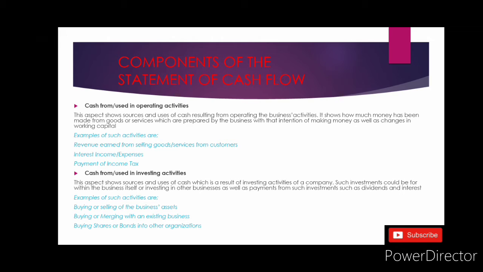So when you have to pay out interest payments, although the interest payments have got nothing to do with the direct production of goods or services or the day-to-day operation of the business, that expense is there in the first place because of operating the business. You borrowed money from the bank so that you can operate the business in a better way. So such interest expenses are put in this aspect.